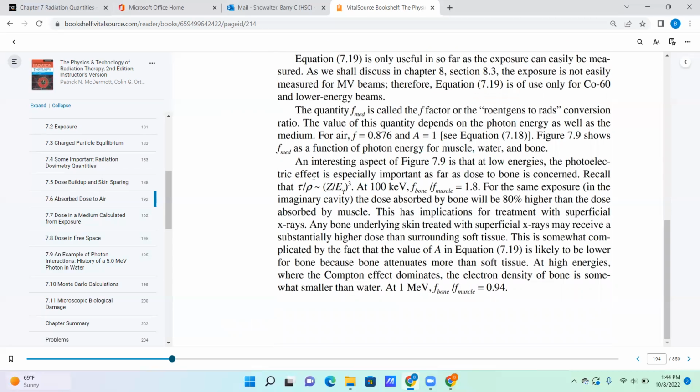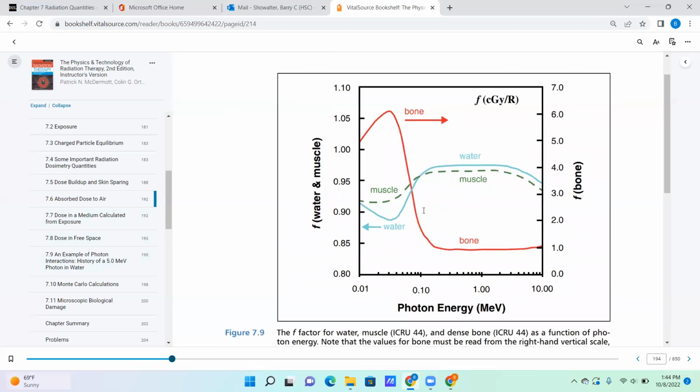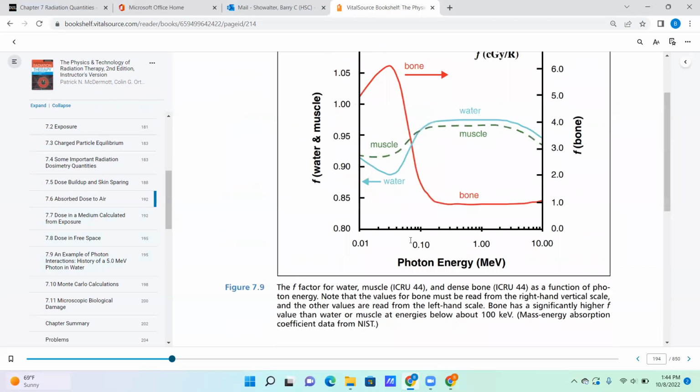At low energies, the photoelectric effect is especially important. And if you recall, tau divided by rho has this dependency. So at 100 keV, this factor ends up being 1.8, which if you go up here and find that value, you can see that at 100 keV, this is photon energy in MeV, so that's 1 MeV. This would be a tenth of that, so about 100 keV.